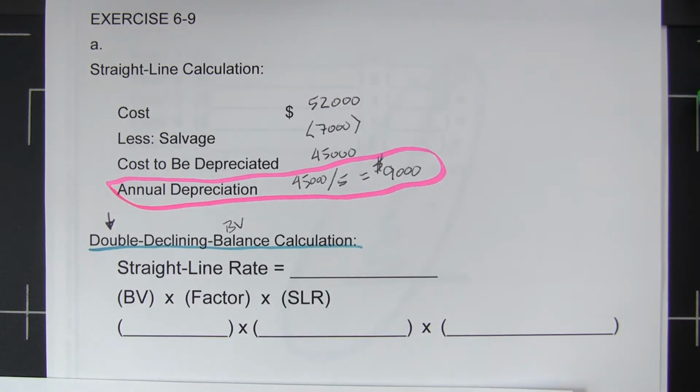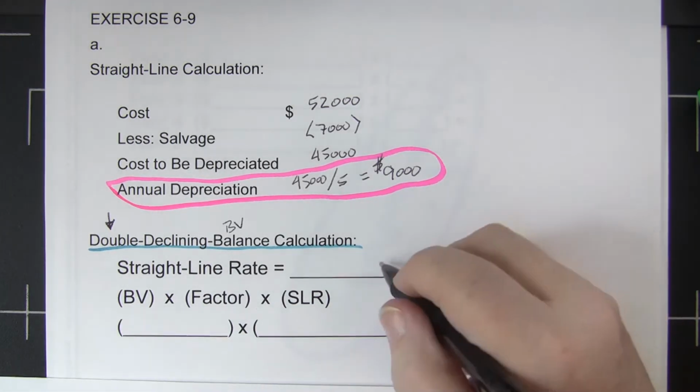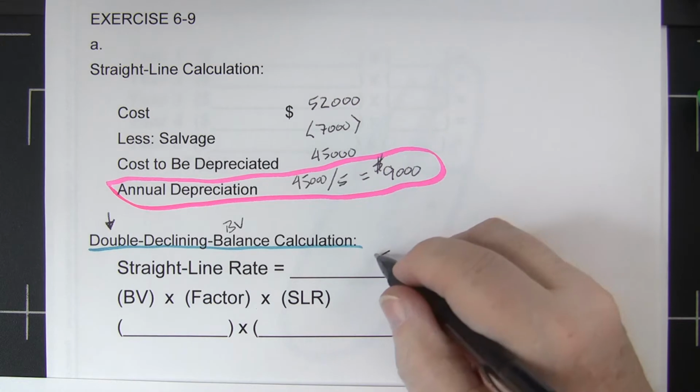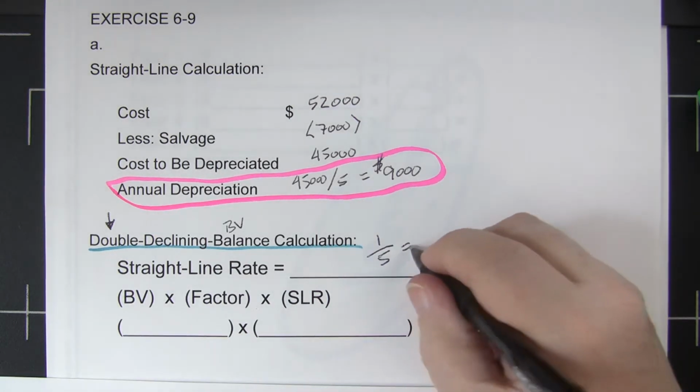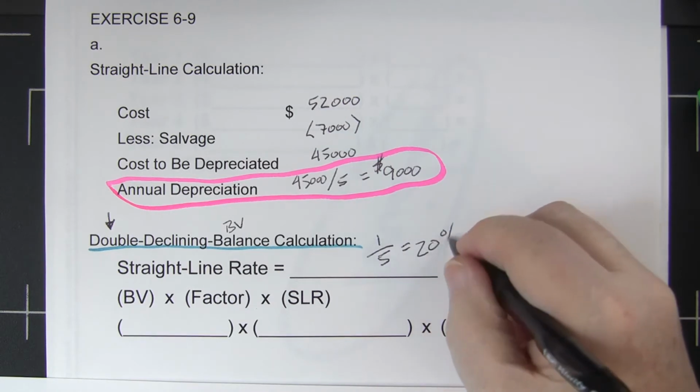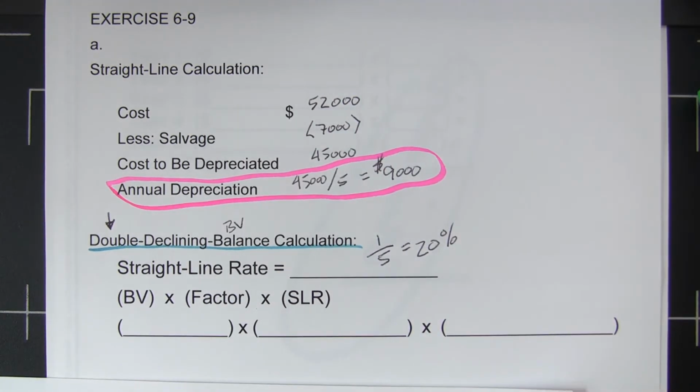So, the straight line rate, this asset's going to last 5 years. Each year, we can use 1 year. So we're going to use 1/5 of this asset every year, or 20%. If it were 1/7, we would divide 1 by 7.